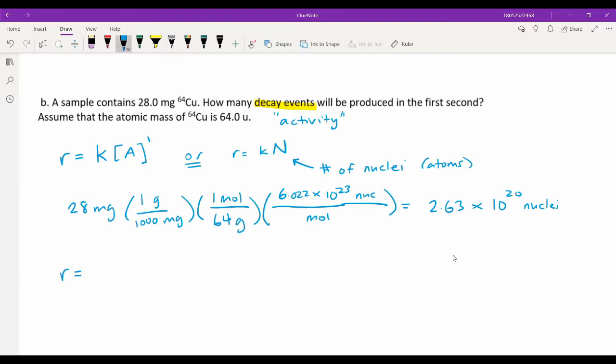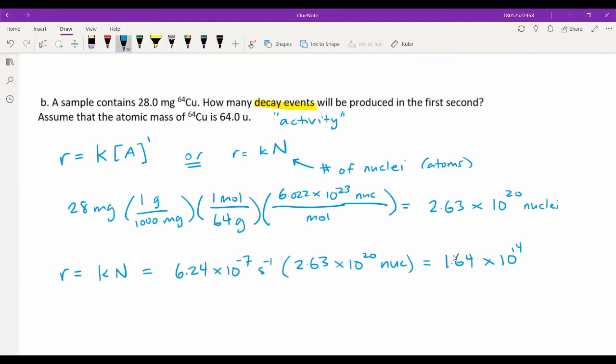So the rate would be k times that, k from our part A, 6.24 times 10 to the negative 7, multiplied by this, and we get about 1.6 times 10 to the 14 nuclear decays per second.